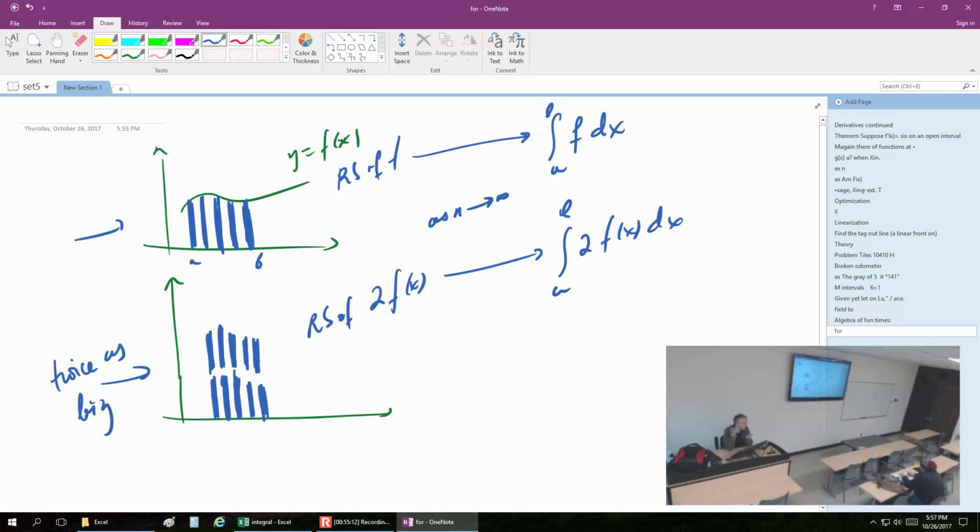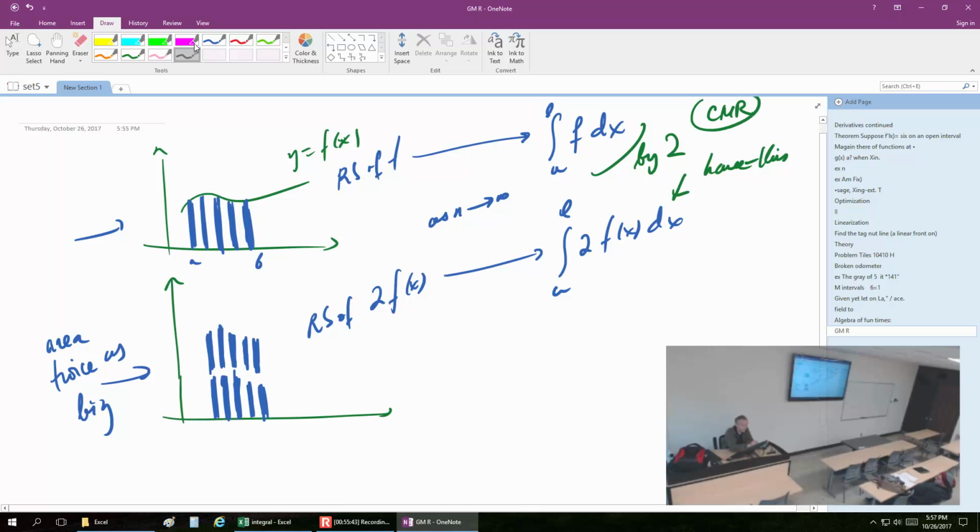It doesn't matter where I put them, the area is twice as big. So if I multiply this by 2, then I'm going to have this. In other words, we discover this about Riemann sums rather than about Riemann integrals. But under the limit and the constant multiple rule for limits, we make that conclusion.